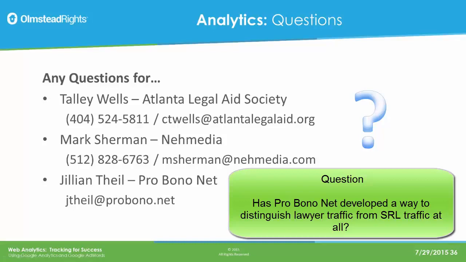And just to add a little bit, it depends on what platform. If this is for LawHelp.org, as Mark mentioned, there are ways to do this in Google Analytics that would be something great to explore in the new grant. When it comes to Pro Bono Net, you can set up certain goals, but many of the Pro Bono Net sites are actually behind a password, and to enter, you have to identify yourself as either coming from civil legal services or other.